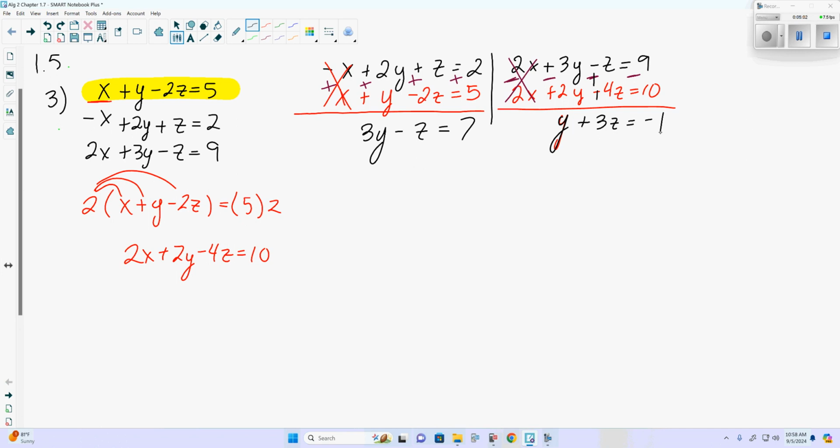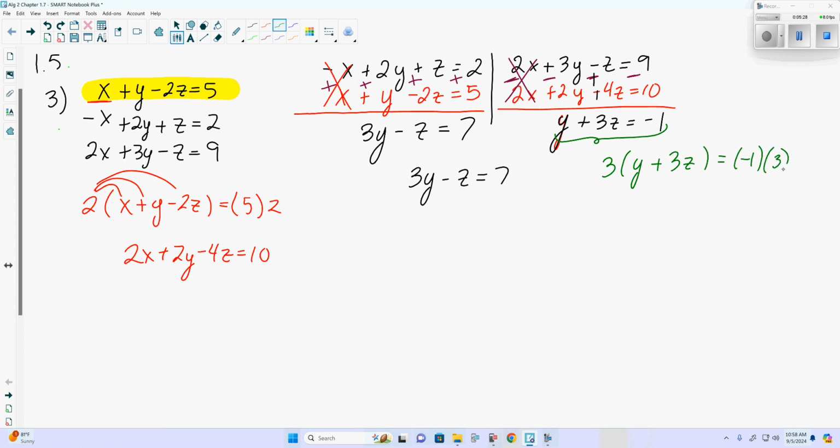Now at this point here, we need to determine if we're going to eliminate y or z next. Doesn't matter which. I'll pick y. So to do that, I'm going to have to multiply this equation here by 3, because we need the y's to be the same, because we're really asking what times y would give me 3y.